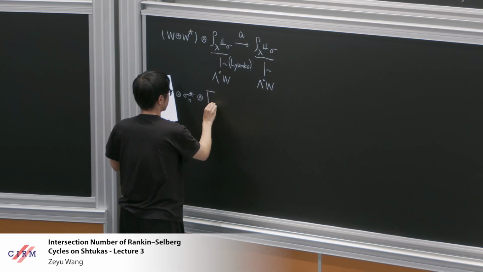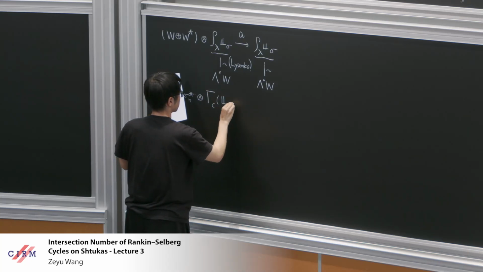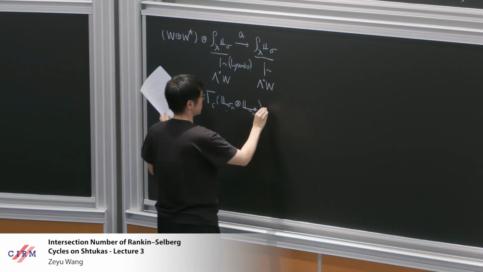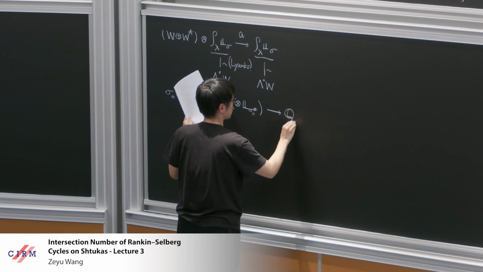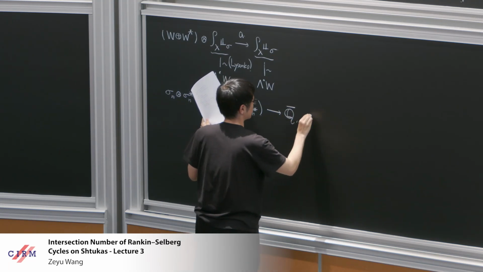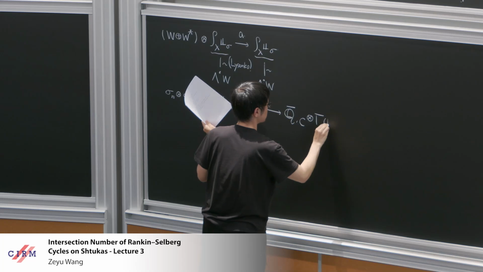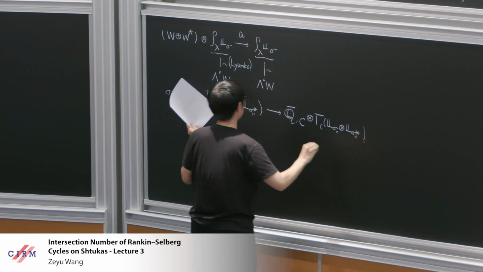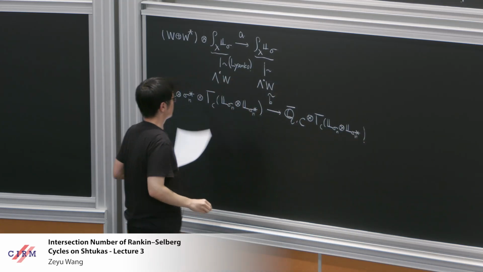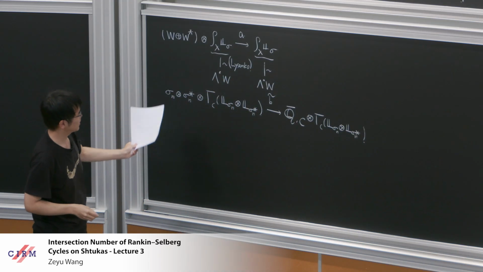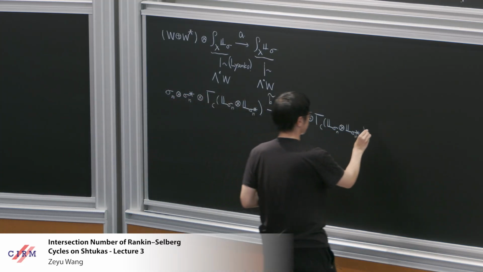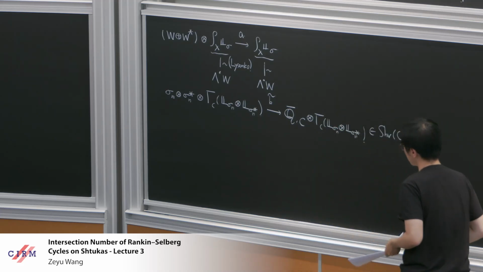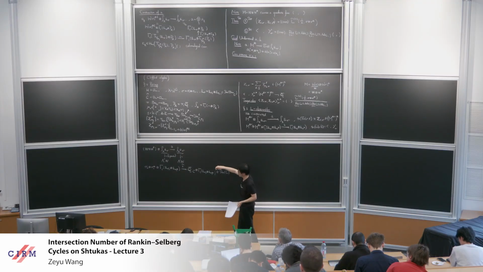So you can refine B into such a map: sigma_n tensor sigma_n star maps to the constant sheaf on the curve tensor with L sigma times L sigma_n star. Let me call this map B tilde. In what sense is this a refinement of B? Now both objects are really sheaves on the curve.